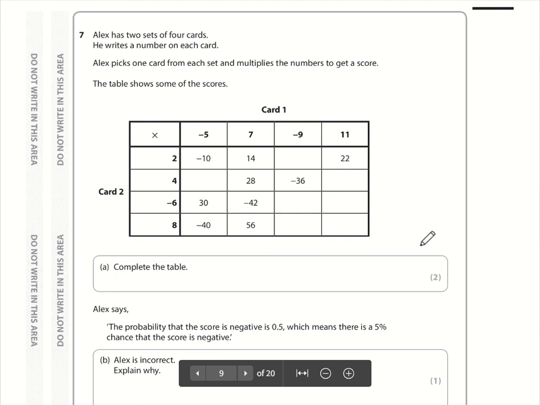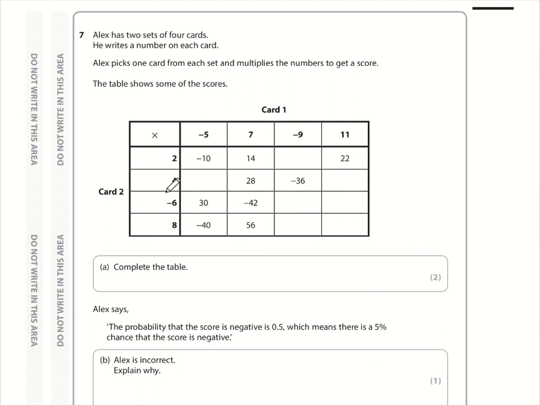Okay, so what we've got here is a table where we just need to multiply the numbers at the top of the columns by the numbers on the rows. Now we need to remember that a negative multiplied by a positive is negative, but a negative multiplied by a negative is positive.